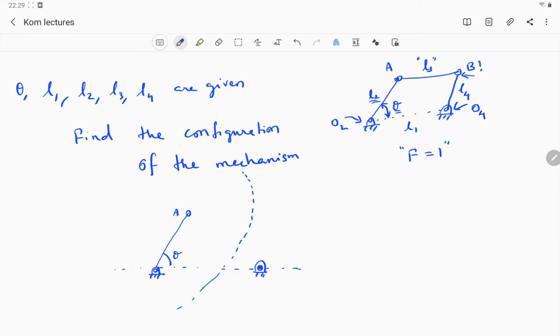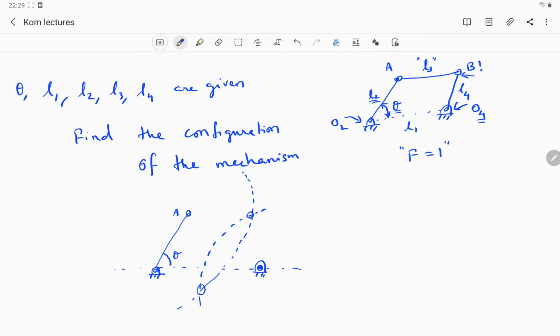Now let's do the same thing with O4 as the center and L4 as the radius, and if I do that, I will get one more circle, and the point B is the point where these two circles intersect. If you see where they intersect, one is here and another one is here.